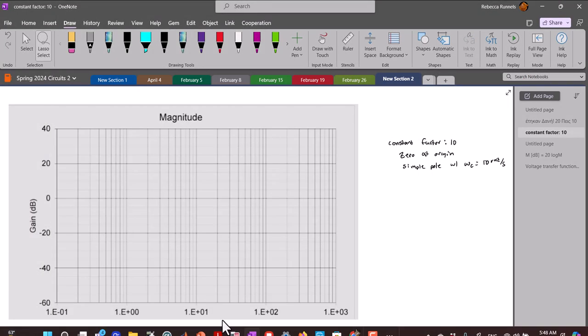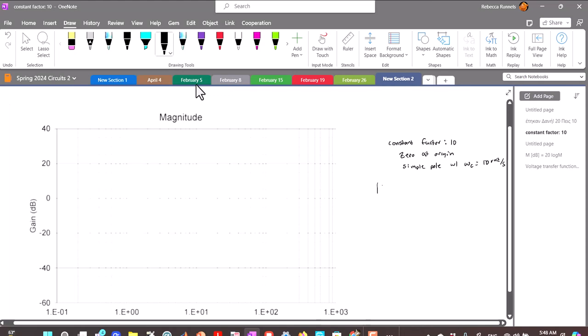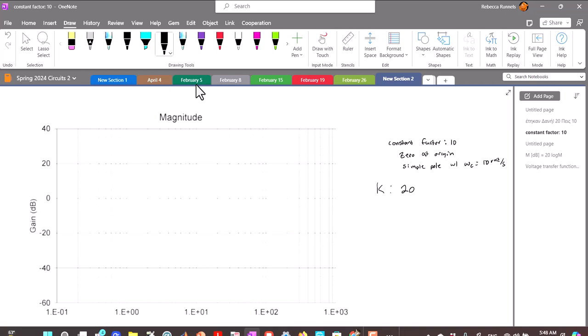Okay, so for the constant factor, we need to take 20. So for the constant factor, take 20, and that 20 is just because of the definition of the voltage gain. 20 log 10. Well, the log of 10 is just 10.